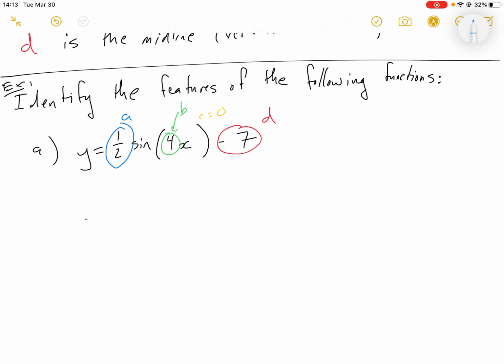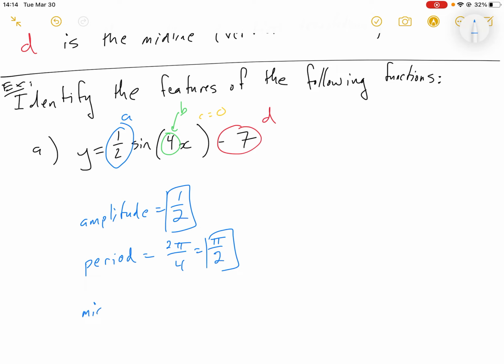So to answer this question, you would say the amplitude equals 1/2. B is not actually a feature of the graph. I never care really what B is. So you'd actually want to figure out what the period is. When I'm asking about key features, I'm really asking about the period. So you'd say it's 2 pi over B, which reduces to just pi over 2.